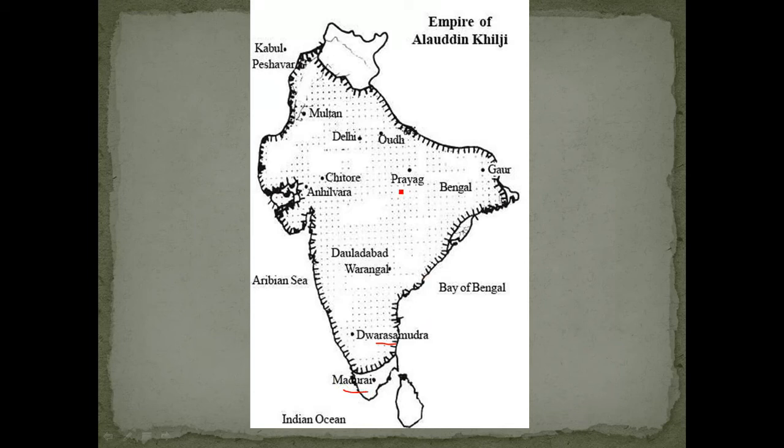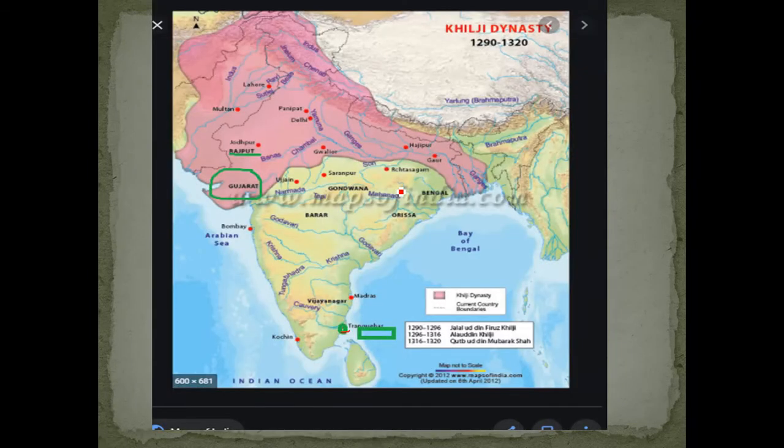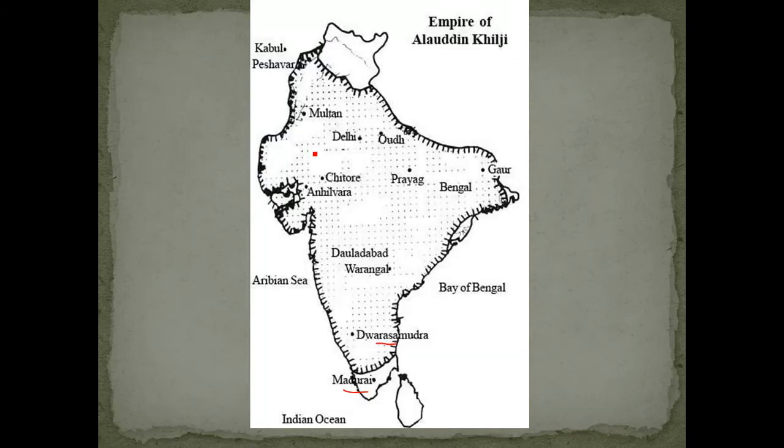Of course, I showed you the other two areas as Gujarat and the Rajput areas. So these are the areas, Dwarasamudra and Madurai. A commonly asked fill in the blank question is that Muslims penetrated as far as Madurai in the south.